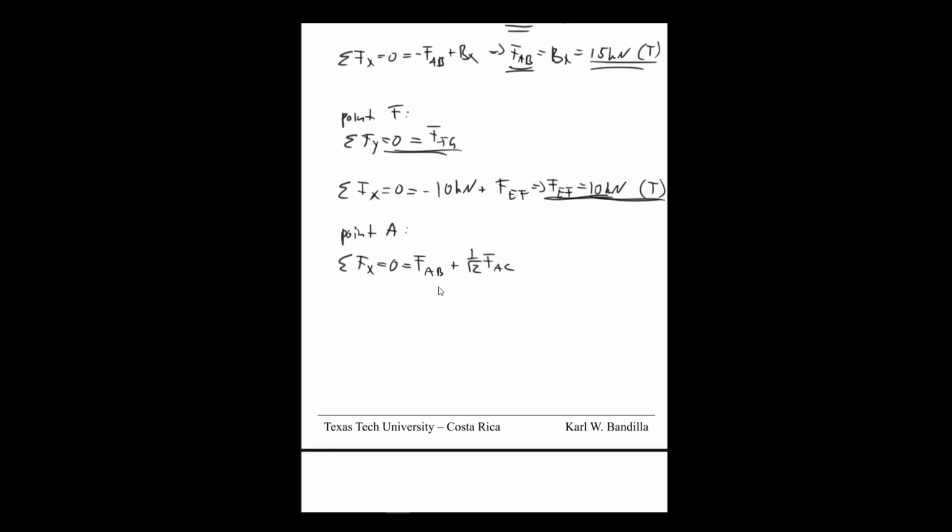FAC, which is what I'm looking for because FAB I already have, would be minus square root of 2 times FAB. That'd be minus square root of 2. FAB was 15.